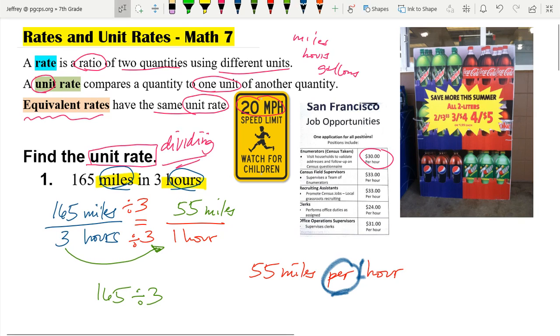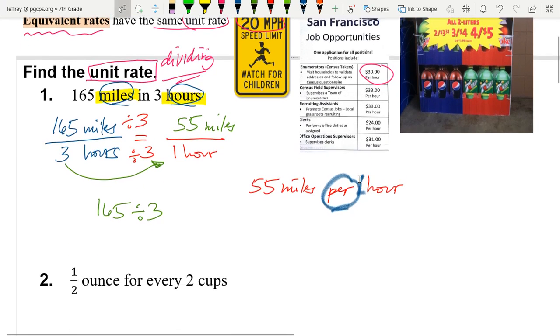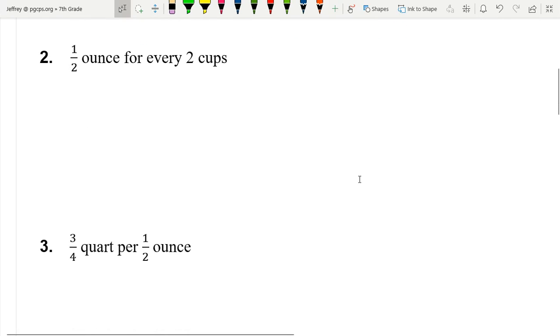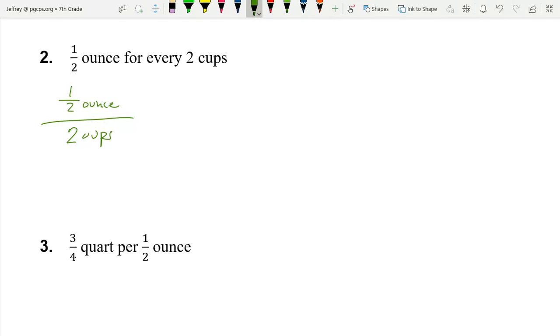Now, let's try to do number 2. Remember, I said we're going to be doing rational numbers. So 1/2 ounce for every 2 cups. So write as a fraction, 1/2 ounce for every 2 cups. Now remember, we are actually just dividing this, okay?